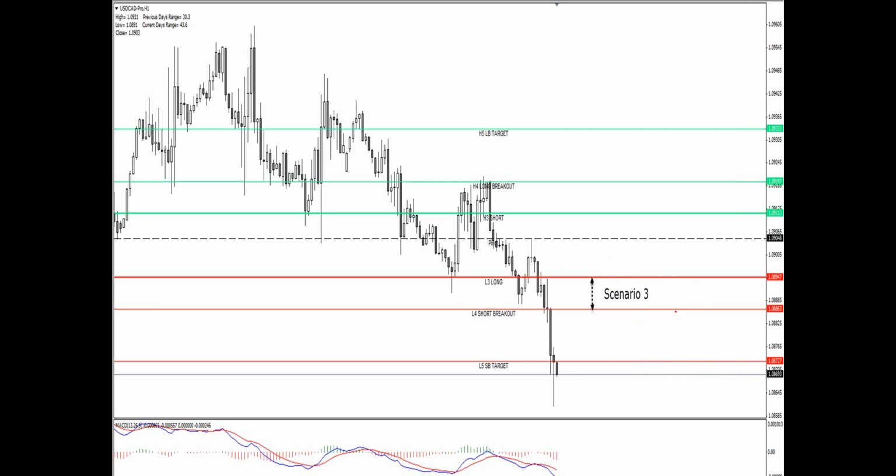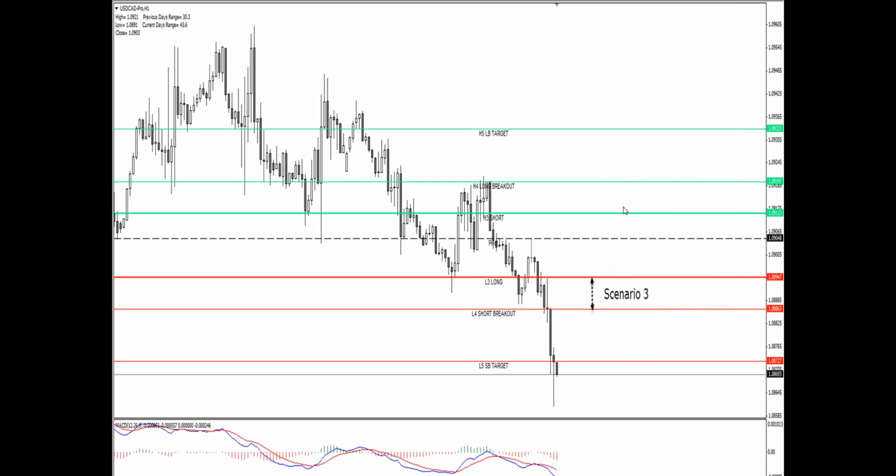For a long trade, when the price moves above L3, you buy. Stop loss is there, target is pivot point and H3. For a short trade, basically when the price goes below this level, we sell, placing our stops there, targeting this region. Okay?